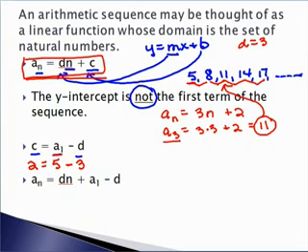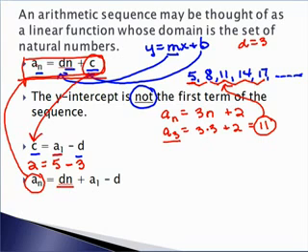Another way to get the value of the nth term is simply to take our formula that we had up here and replace the c with what it's equal to. So there we're using our substitution property again. So notice from the a sub n formula up here, I have d times n, but in place of c, we put a sub 1 minus d.